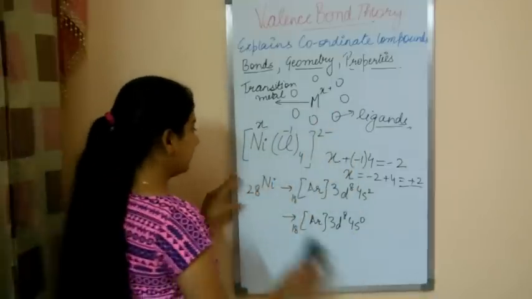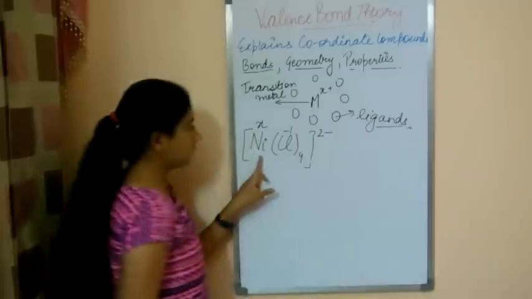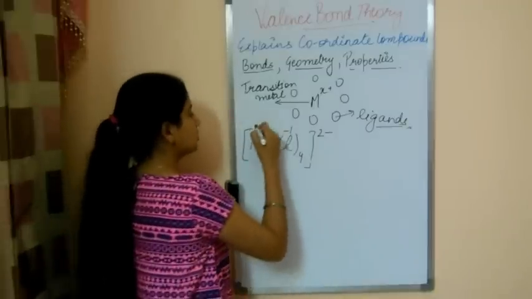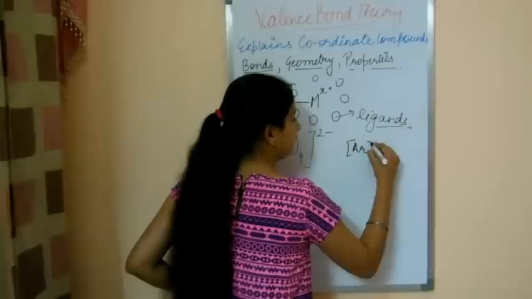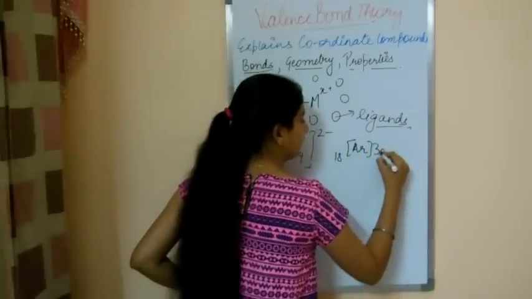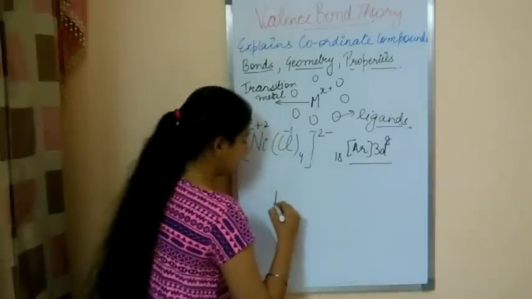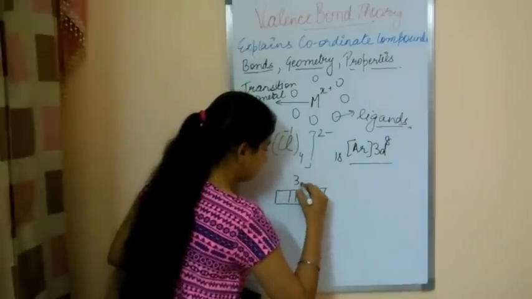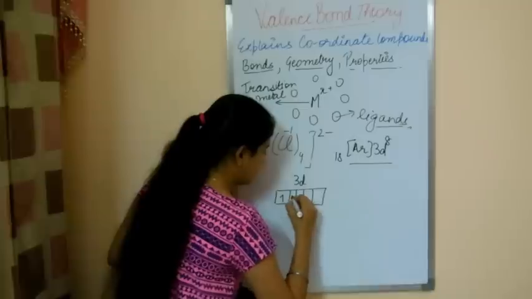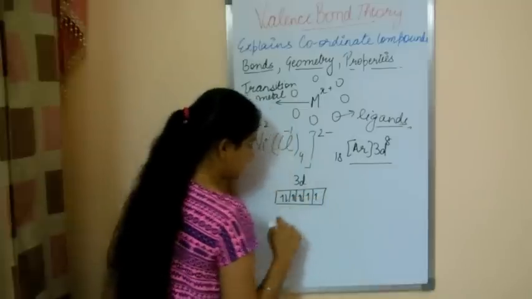Now what does it mean? If we show the diagram of the orbitals of nickel 2 positive, here is +2 charge, and as we have shown, its electronic configuration is this. So it's going to be 3d8. 1, 2, 3, 4, 5, 6, 7, 8.